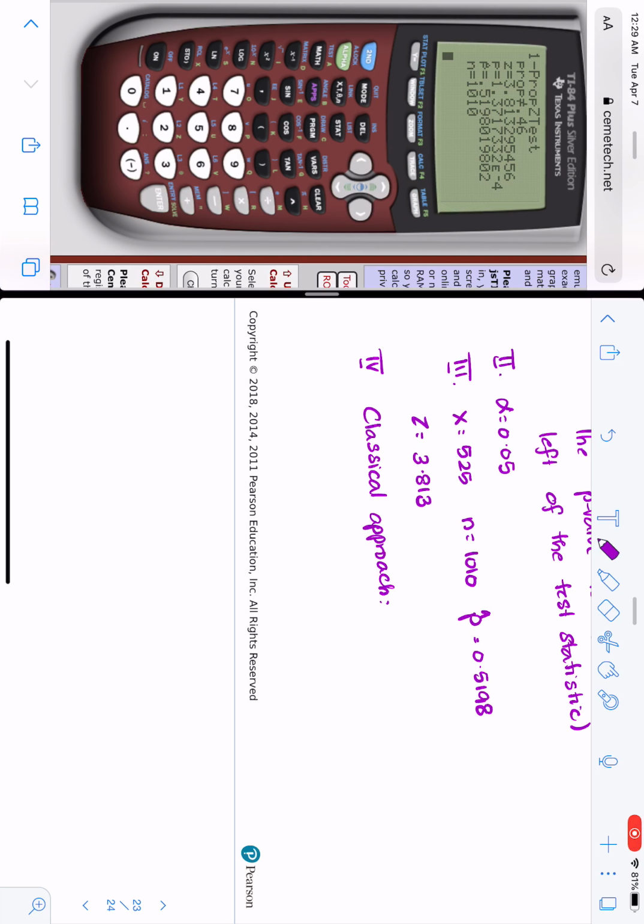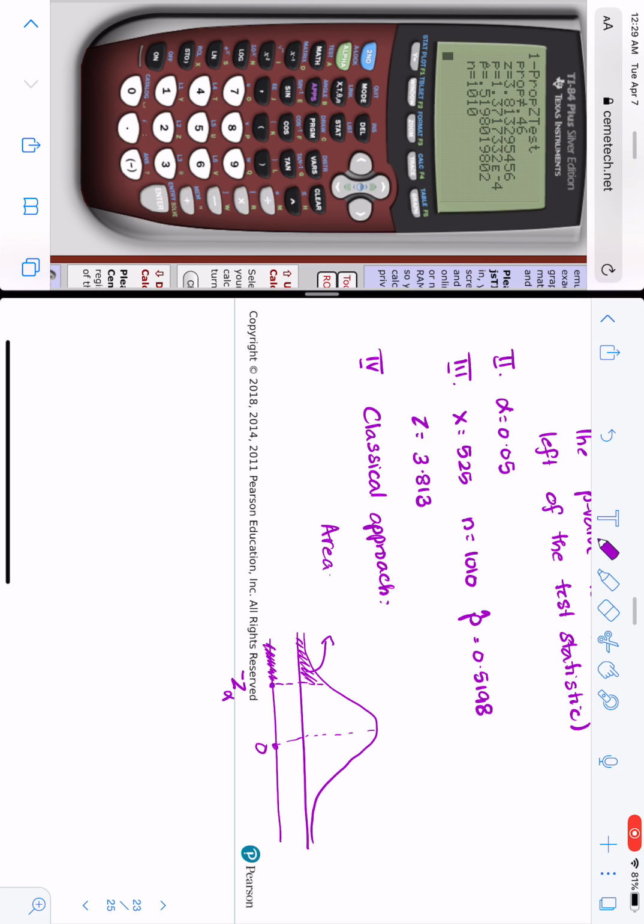We'll do the classical approach, or the critical value approach. The rejection region has to be on the left-hand side, and that value is negative z sub alpha. Why is it alpha?